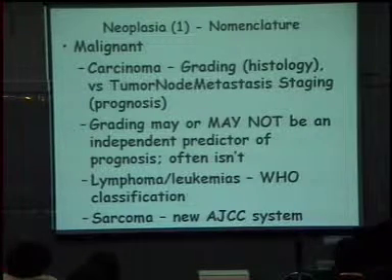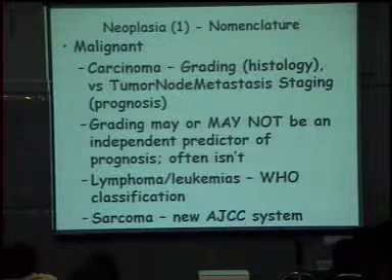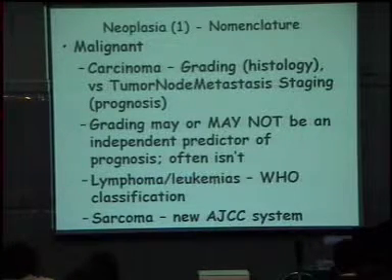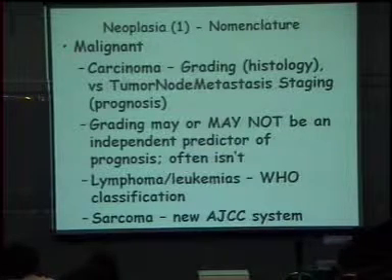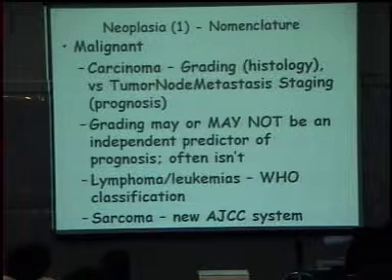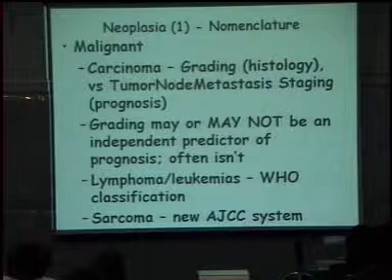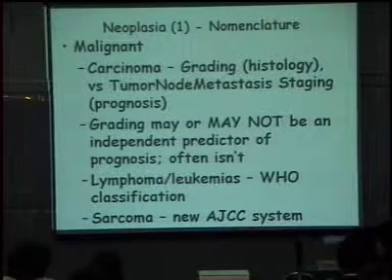Nobody knows that. We look it up in a book. But you have to know that basic principle, and then whether it's metastasized at all. You add together what your T is, and what your N is, and what your M is, and you end up with the stage, Roman numeral 1 through Roman numeral 4. And so you need to have that information, or at least know that you have to gather that information for the staging.